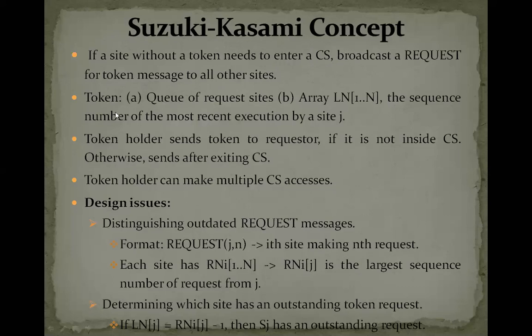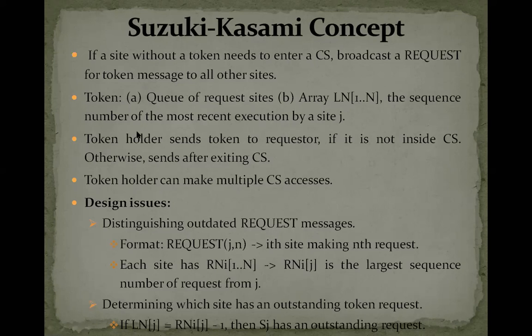Now what is the token? The token maintains two vectors. The first vector is known as the queue of the requesting sites. It may be possible that many sites are requesting, so all are put in a queue. The queue is a part of the token which is being issued. Suppose we have 4 sites, 1, 2, 3, and 4, and currently site number 4 is having the token.